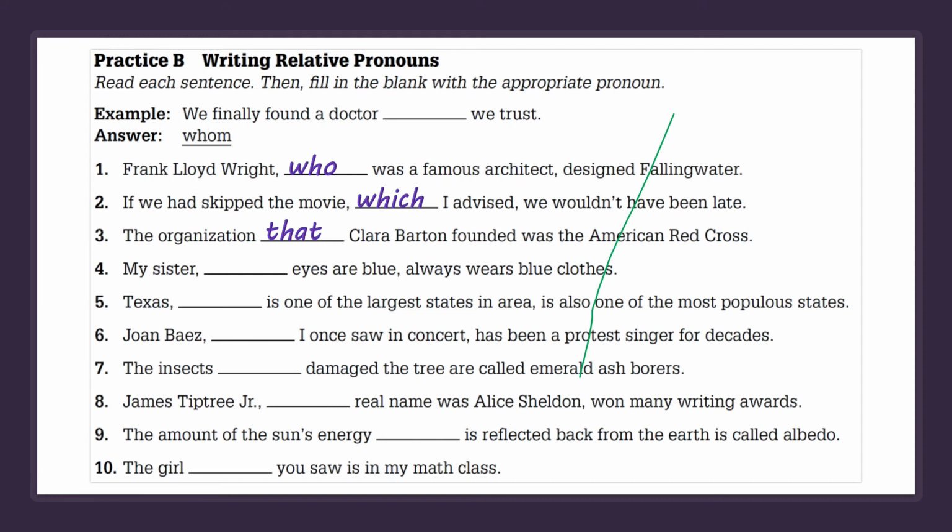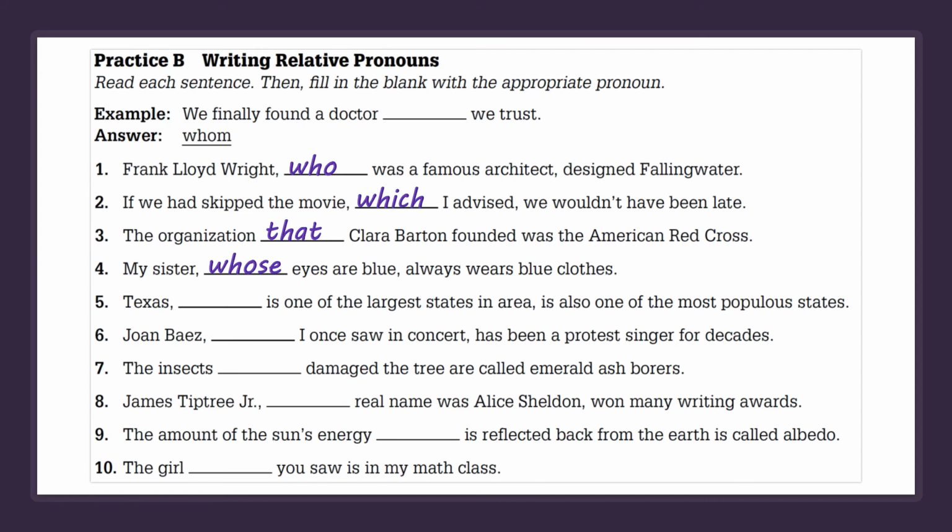Sorry for this. Okay, number 4, my sister whose eyes are blue. Here I would like to show possession, so I have to use whose, which means the eyes of my sister are blue. So in this case we use whose.